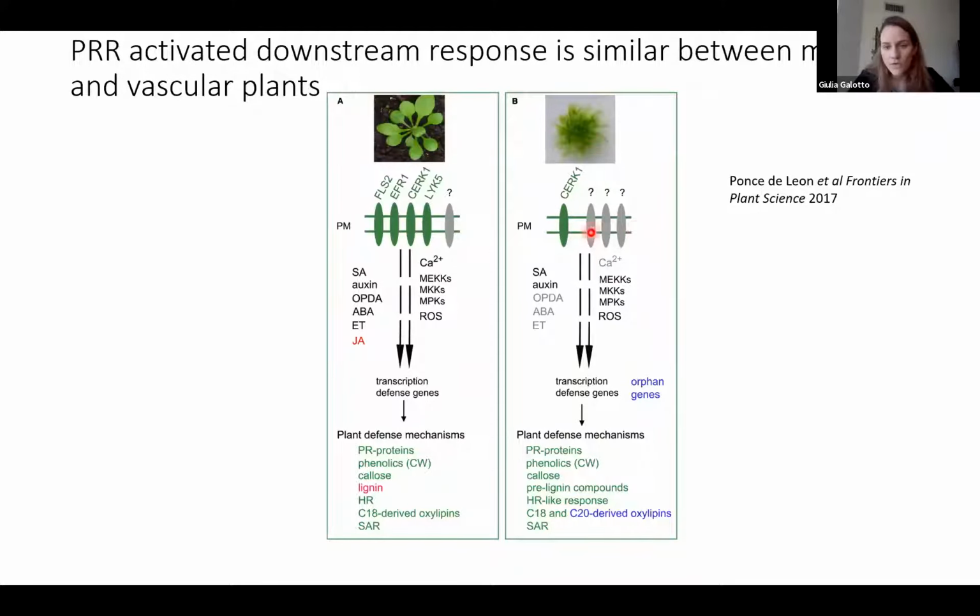They involve a cytosolic calcium increase, MAP kinase phosphorylation, ROS production, hormone production, activation of transcription-related genes that then activate downstream signaling, and other events such as production of callose and pre-lignin compounds and so on. For the talk today, we're going to focus on the cytoplasmic calcium increase that happens after a plant senses a pathogen, because this is one of the first events that occur.